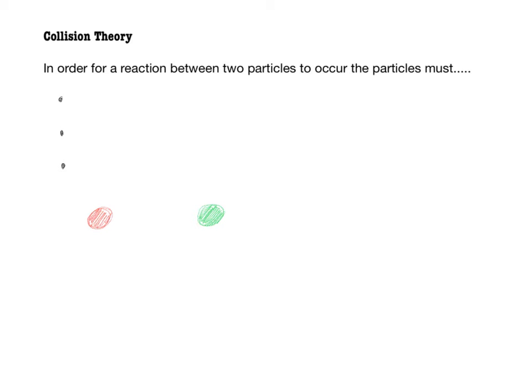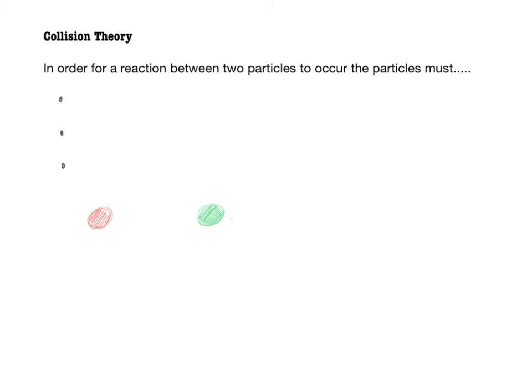Well, if they're travelling in opposite directions, they are never going to collide with each other. They are never going to react with each other. So that is not going to work. So let's get rid of that. What is necessary?